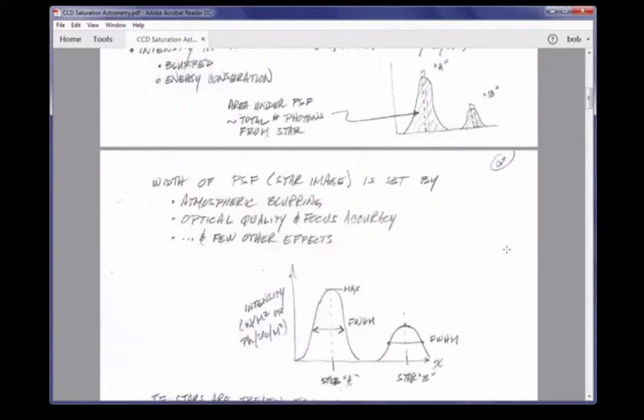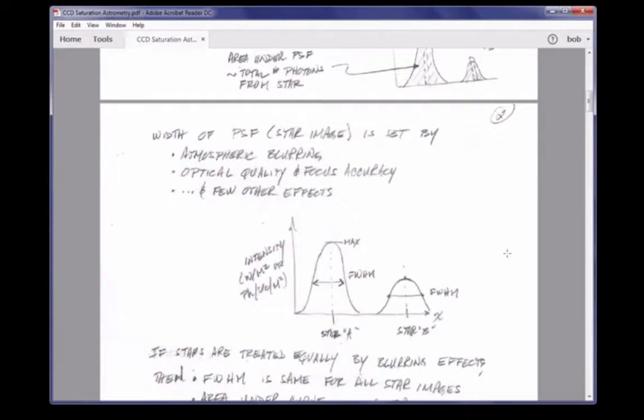And some other effects. The key one can be diffraction at the aperture of the telescope, although usually for the kind of CCD imaging that you were doing in this double star project, the atmosphere and focus accuracy are the two big effects that set the size of the point spread function.